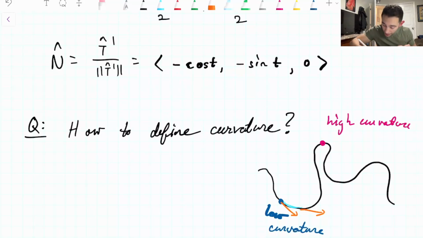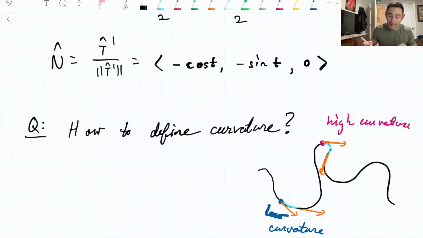Whereas here at the point of high curvature, if I imagine that right here I was trying to sketch out 1 centimeter of arc and ask how much did T hat change, over that same centimeter of arc down here, T hat changed a lot. So I traveled the same sort of arc distance, but T hat changed greatly.